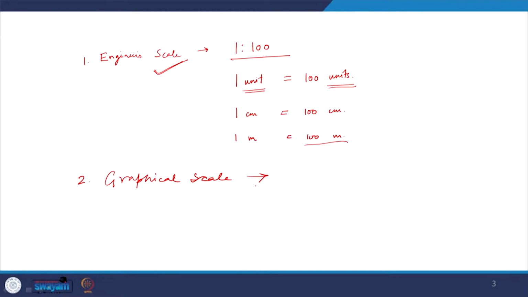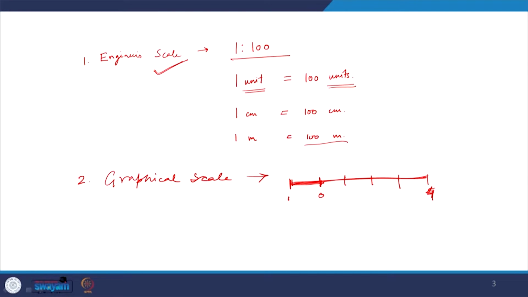Graphical scale is where you draw that this particular unit, it could be 1 centimeter, 1 inch, this unit is equal to how many units. So, that is what we would write. So, if it is 0, maybe there are say 4.